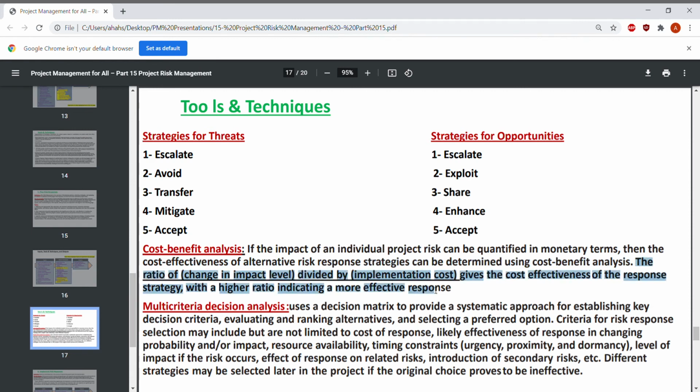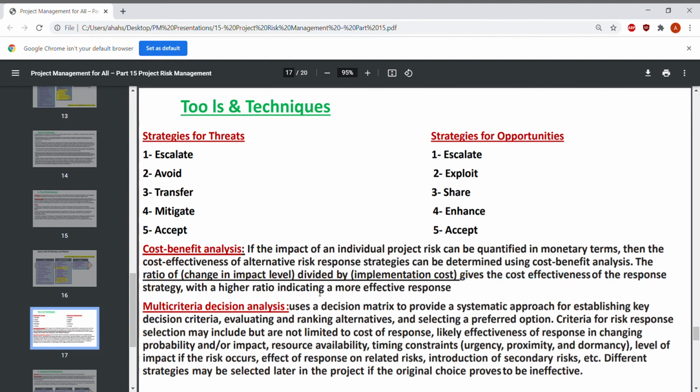The ratio of the change in impact level divided by the implementation cost. So the ratio between these two factors, change in the impact, how much is the change, divided by the cost, will give us the cost effectiveness of the response.